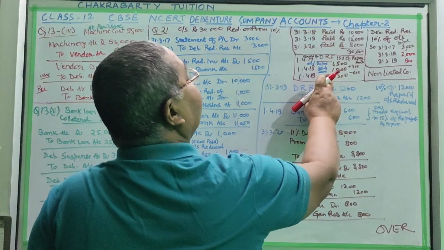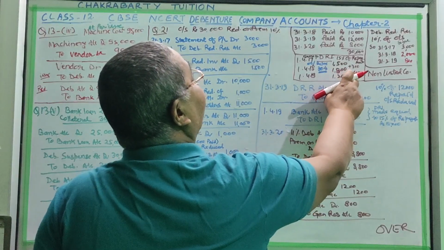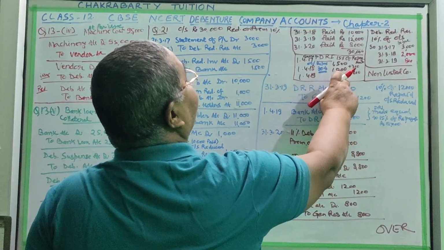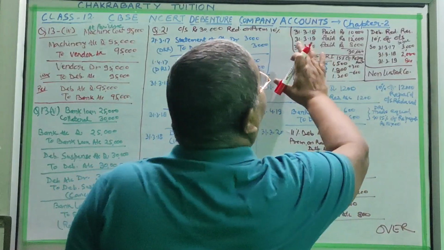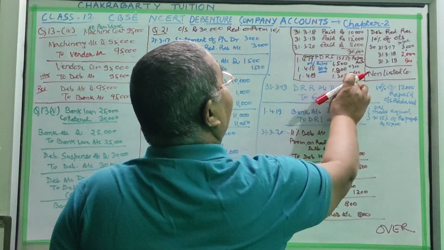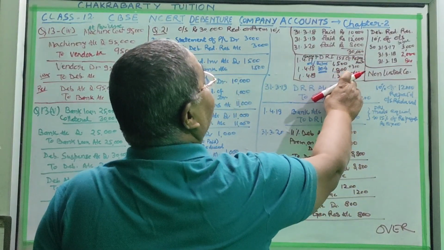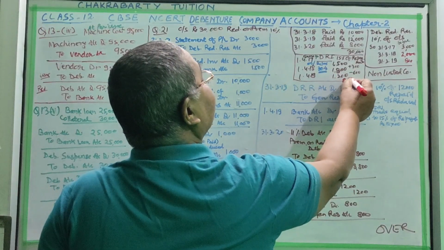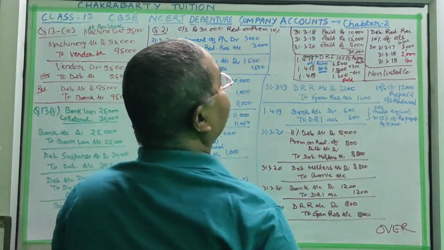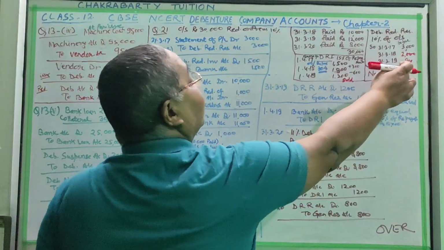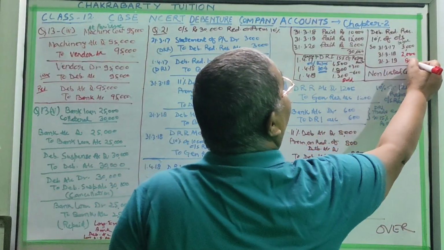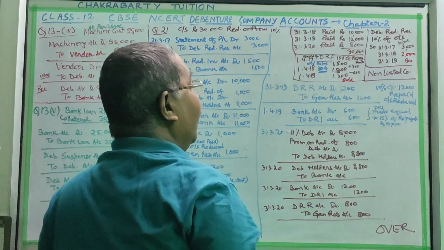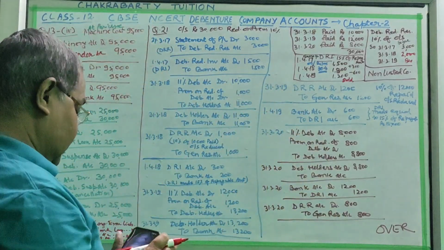Already you have 1,800, so 600 you can withdraw in that year and 1,200 will remain. After all the repayment, this 1,200 will also be sold, and the investment will be sold and credited to bank account. And after everything is over, the amount will be transferred to general reserve. Okay, now we will solve the question.